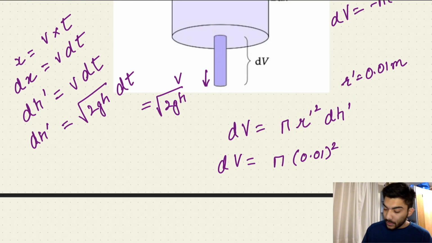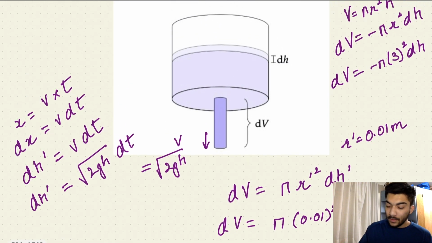So 0.01 squared times dh dash, which is root 2gh times dt in this case. And we know that the volume which is being decreased from the cylindrical vessel is the same volume which is getting increased under the cylindrical vessel. Or in other words, the volume of the water which is being decreased from the cylindrical vessel is the same volume of water which is coming out of the hole, right?